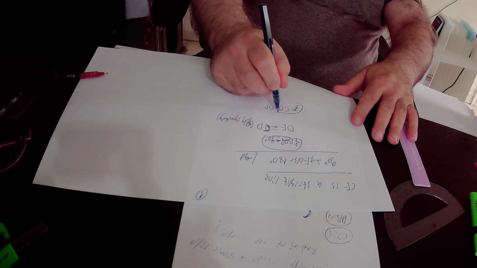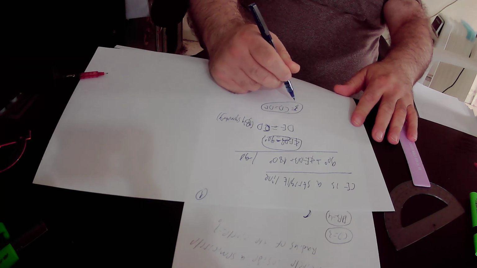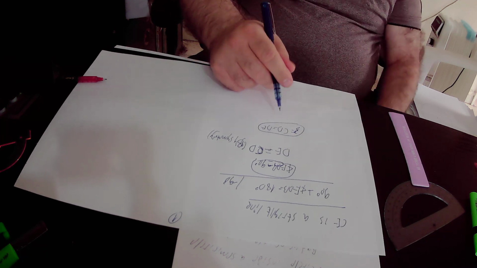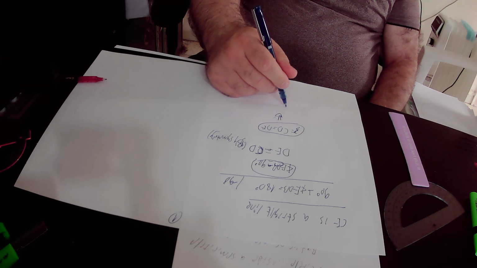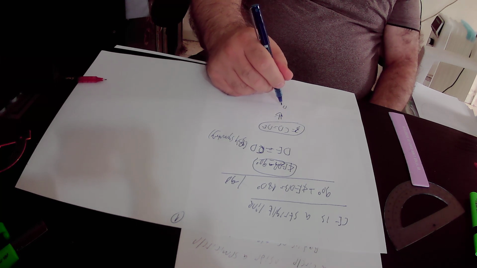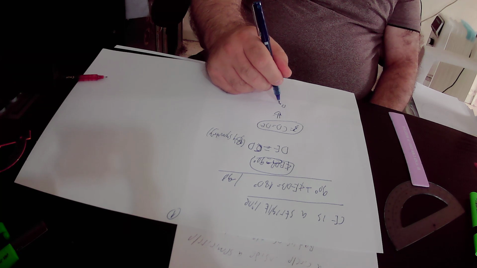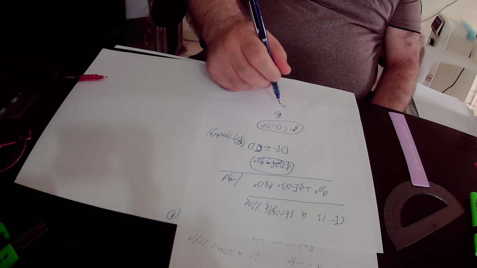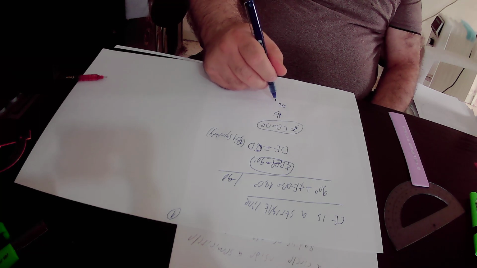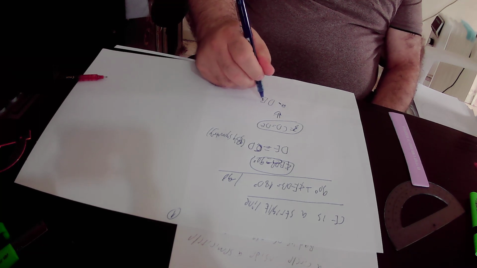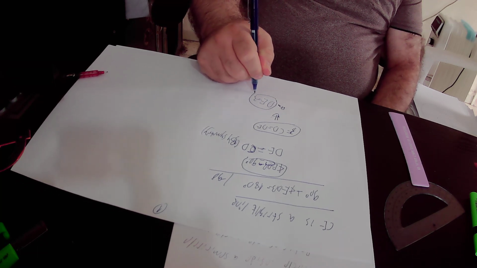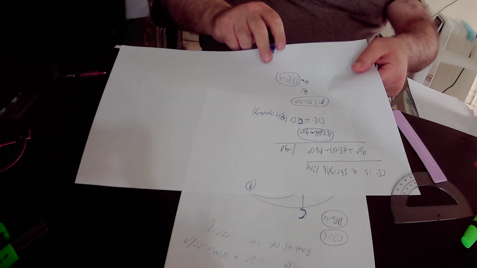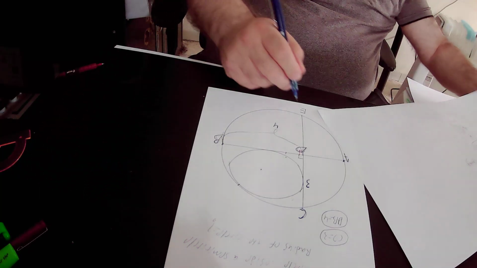So from this equation, 3 equals CD equals DE, we derive that DE also equals 3 units. DE equals 3 units.